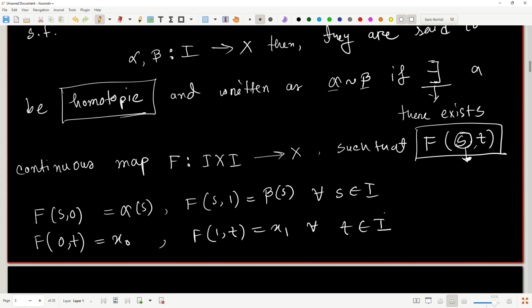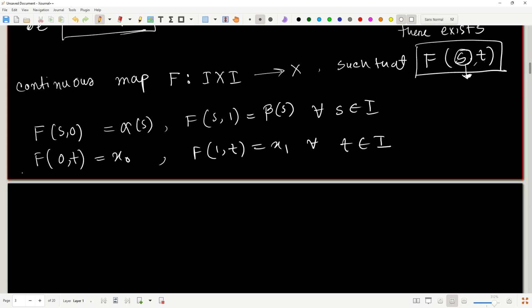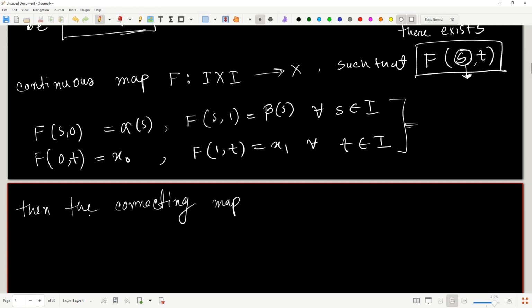I'll show you this with a picture again. So this map F is called a homotopy. If all these conditions are satisfied, then F, let's call it a connecting map, is called a homotopy.